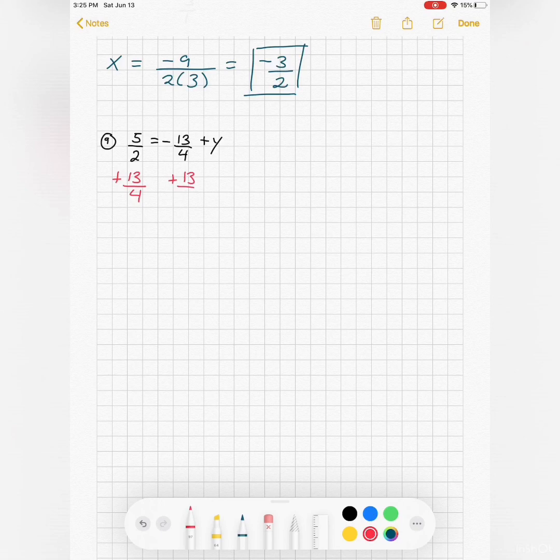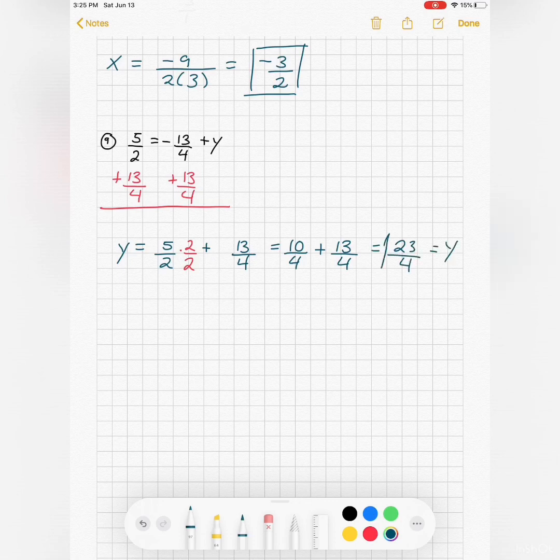Add 13/4. LCD. 23/4. Let's check that one.